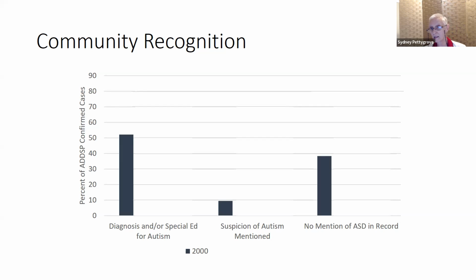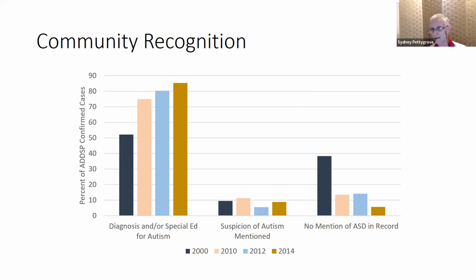So this was really a source of a lot of concern for me, because I really thought that we would be missing out on a lot of kids by moving to the new protocol. But when I started looking at additional years, this is what I found. I'll go into a little more detail in the next graph, but you can see by 2014, about 85% of the children that we recognized as cases already had a clinical diagnosis or a special ed exceptionality or both.